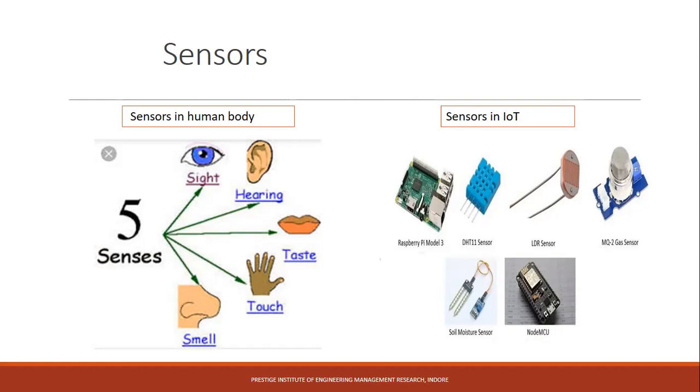Suppose you have heard some sound, some song. That message, that vibration goes to your brain with the nervous system. Your brain receives those signals, processes them, and suppose the sound is too loud, then your brain will send the message to lower the volume.